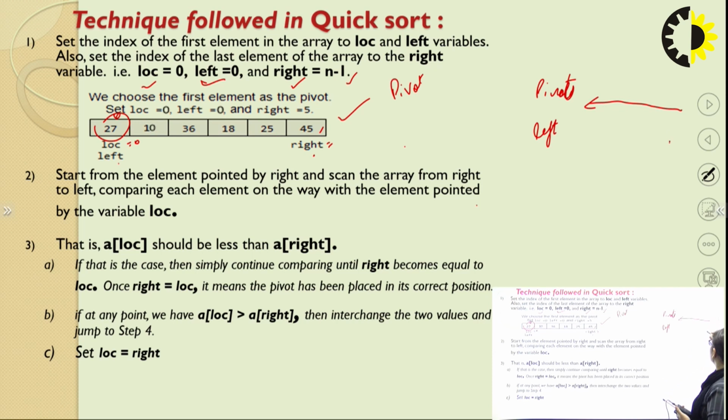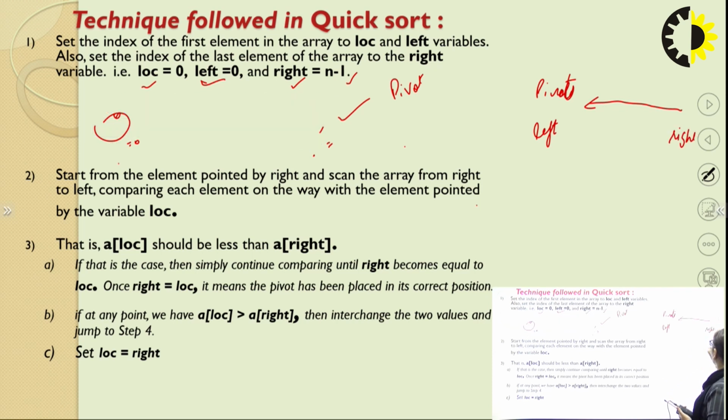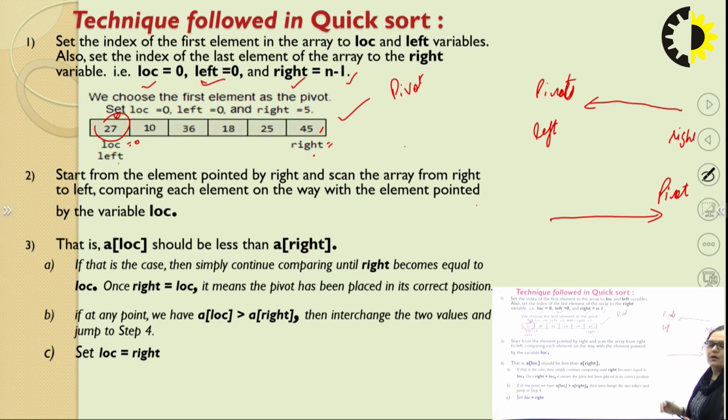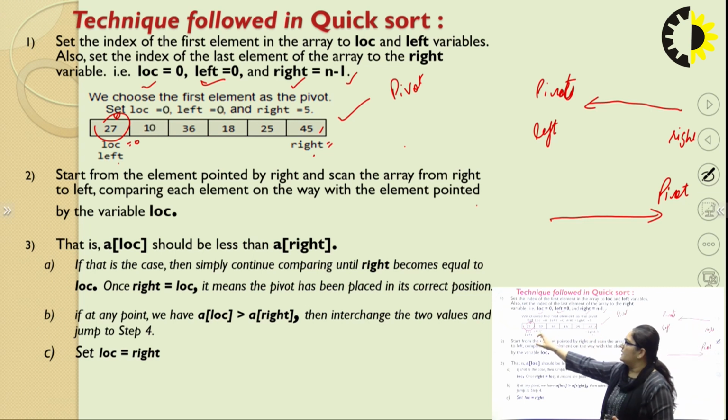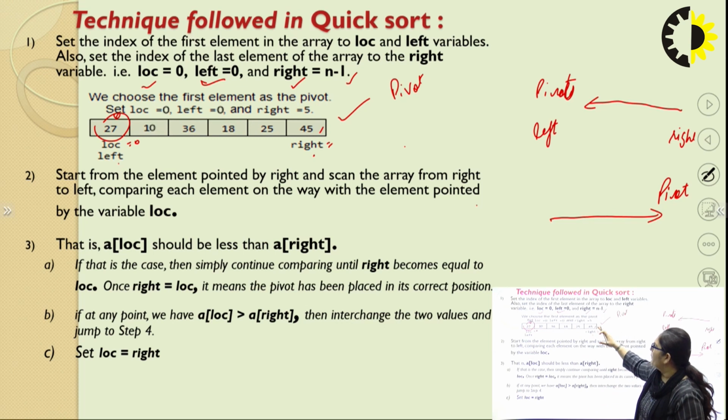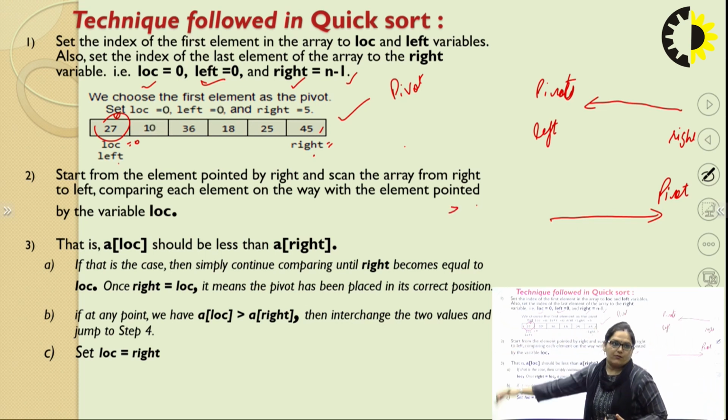But if the pivot element is at the right position, then you have to move from left to right. So this you have to remember. Here in this case the pivot is at the left position, so you have to process the elements from right to left one by one.